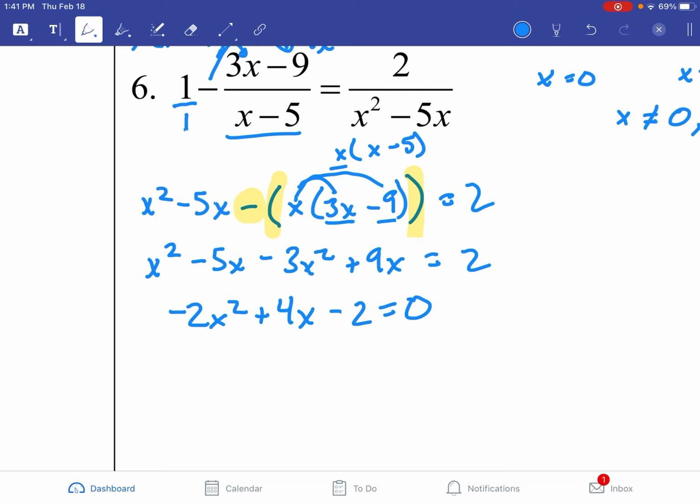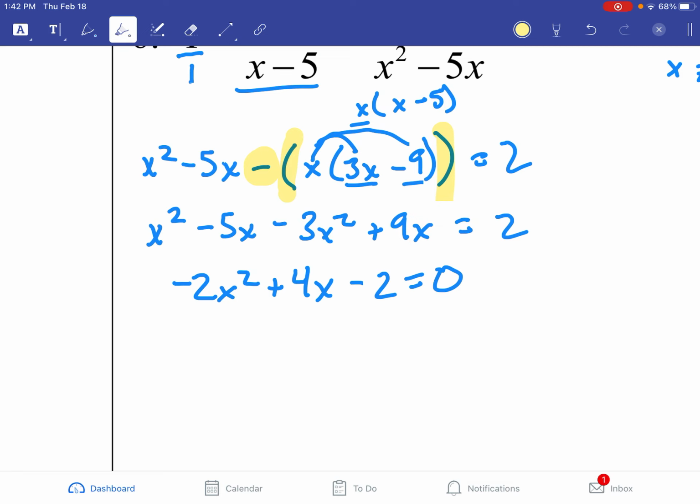Okay. So what I'm going to do here is you can see I have 2, 4, and 2. This has a common factor of 2. But I also have the issue of this negative sign in front. We're not used to factoring quadratics with negative signs in front of them. So we're actually going to factor out a negative 2, which gives me positive x squared minus 2x plus 1.